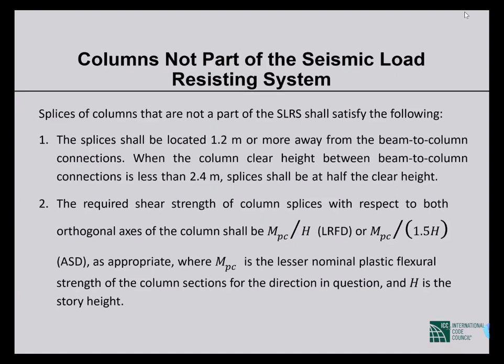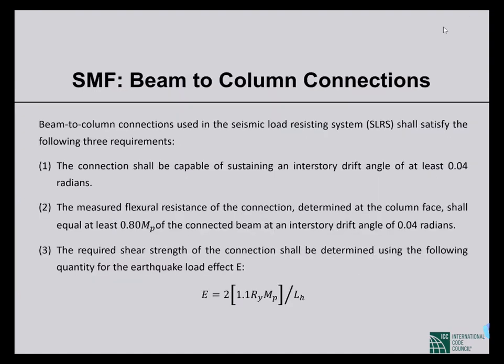So for SMF, special moment frames, there are some conditions for beam to column connections. I'll show some pictures of beam to column connections step by step, how they are done in the field at the site, how we prepare a connection.